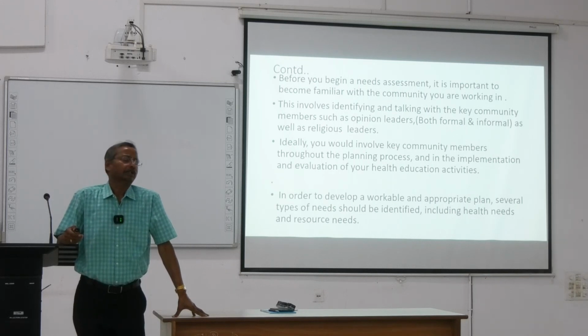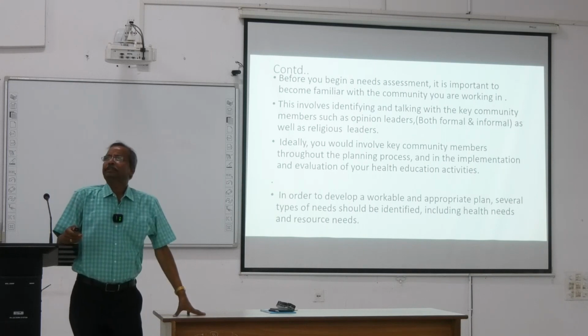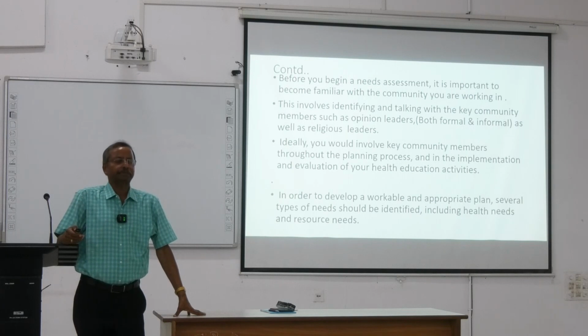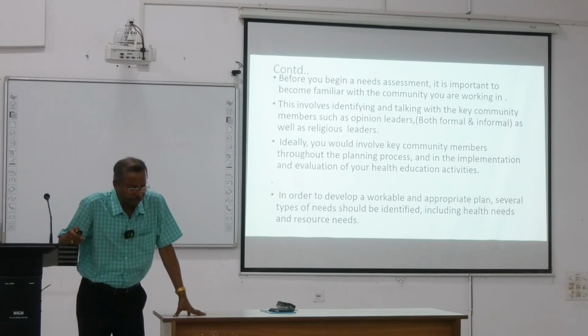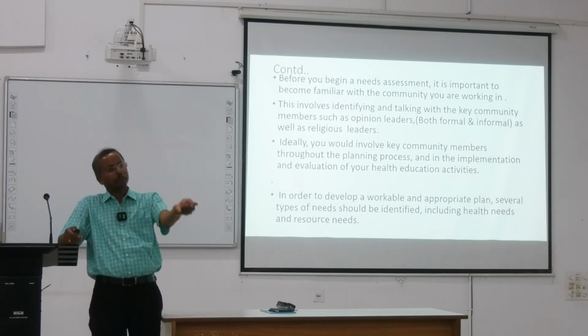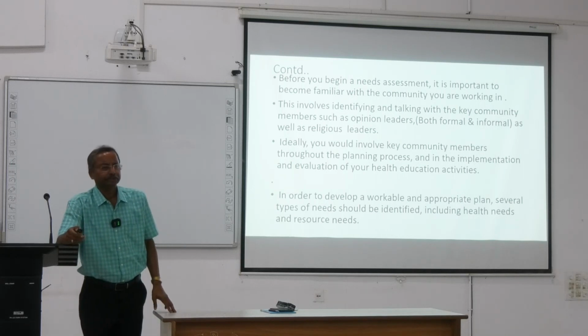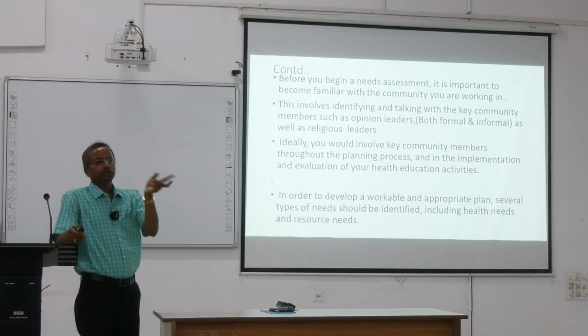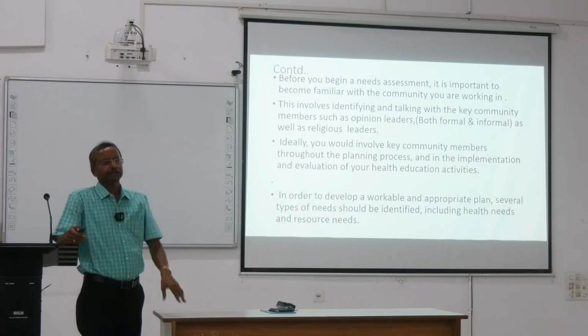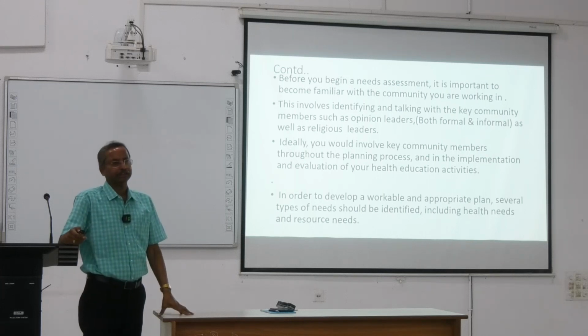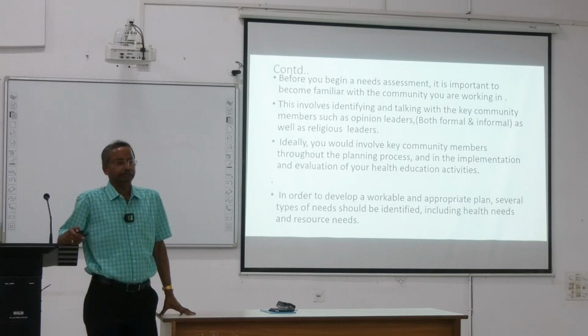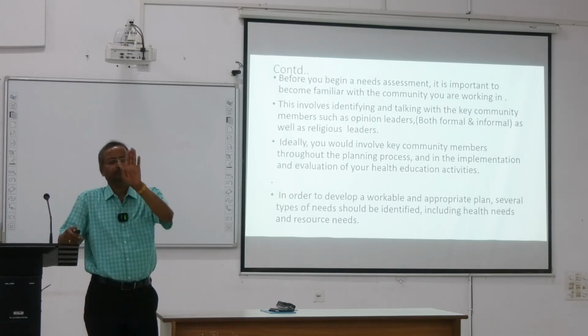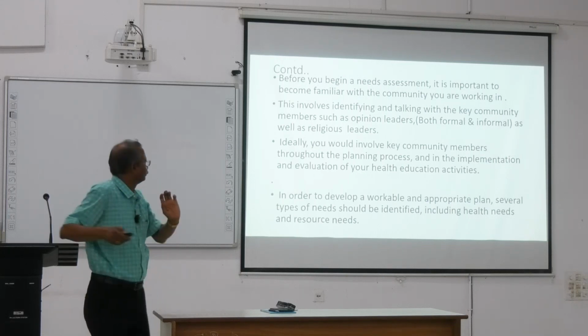And for other activities apart from health, such as social activities or social problems prevailing in the community, someone else can act as a leader. So informal leaders vary according to the situation, the problem and the activities. So you have to identify the informal leaders.